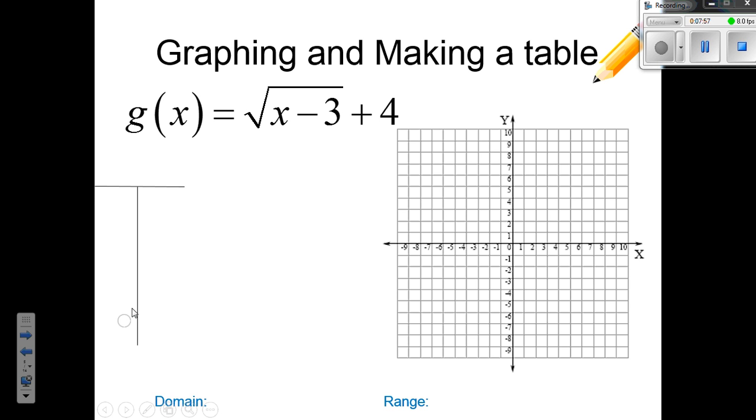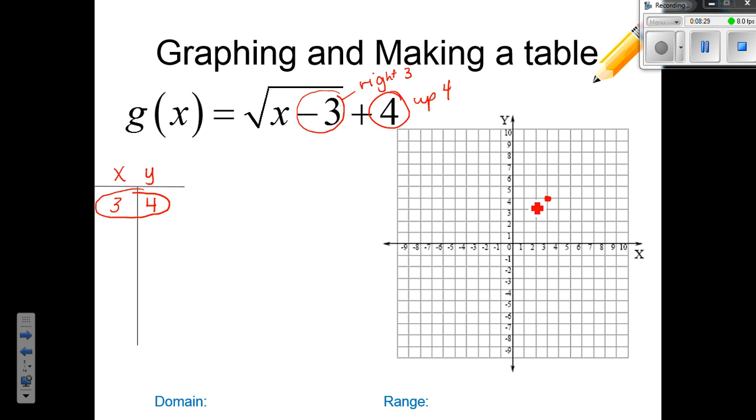So if I'm going to talk about how my graph is shifting here, my graph is shifting right 3 and up 4. So my starting point on this graph is 3, 4. So when I plot 3, 4, I'm either going to go in one direction or another, but this is my starting point, and I can't go through that point.